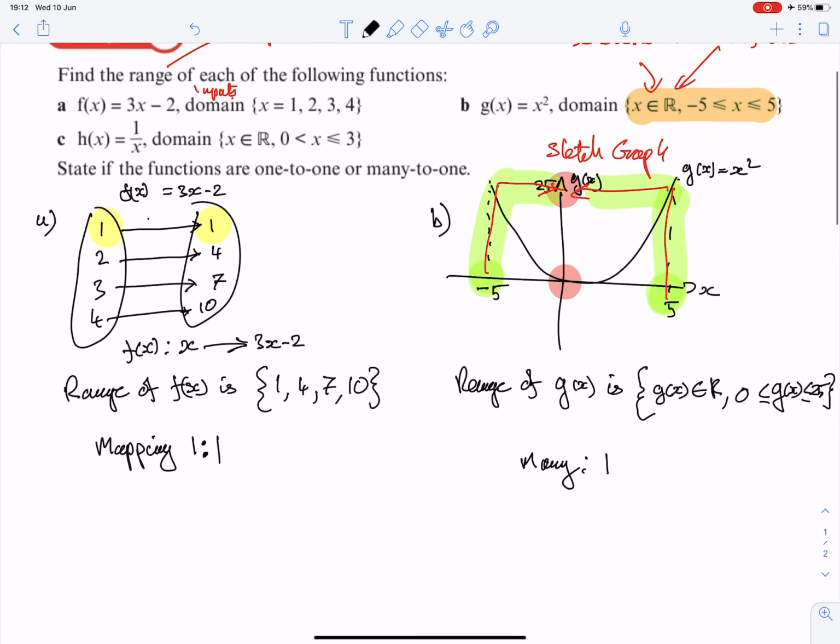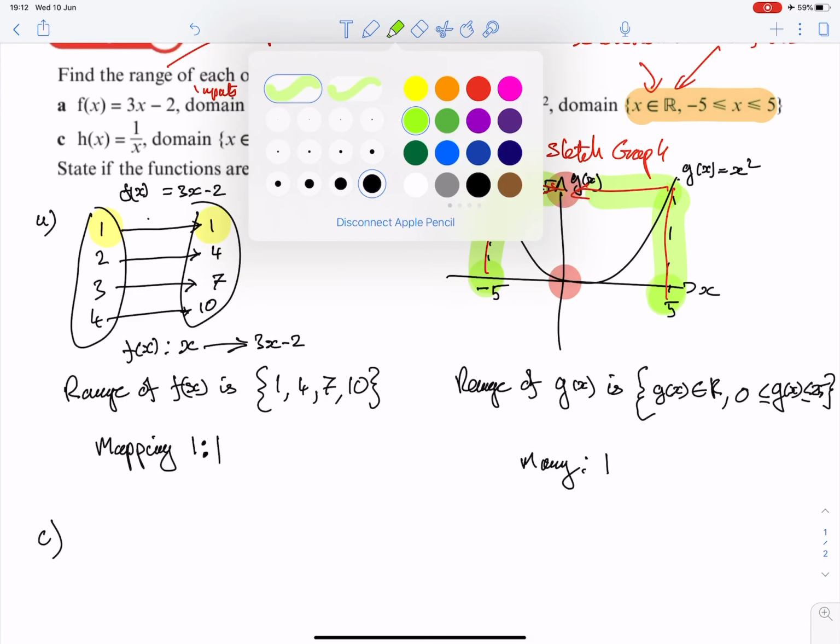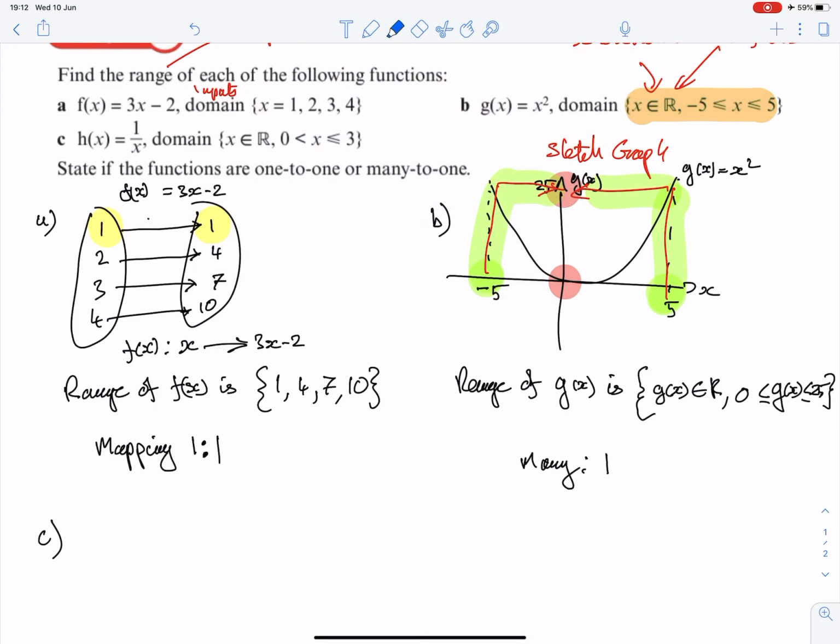Part C. 1 over x. Again, notice what's the domain? The domain is a set of real numbers, so it's lots of values. So we start with a sketch.